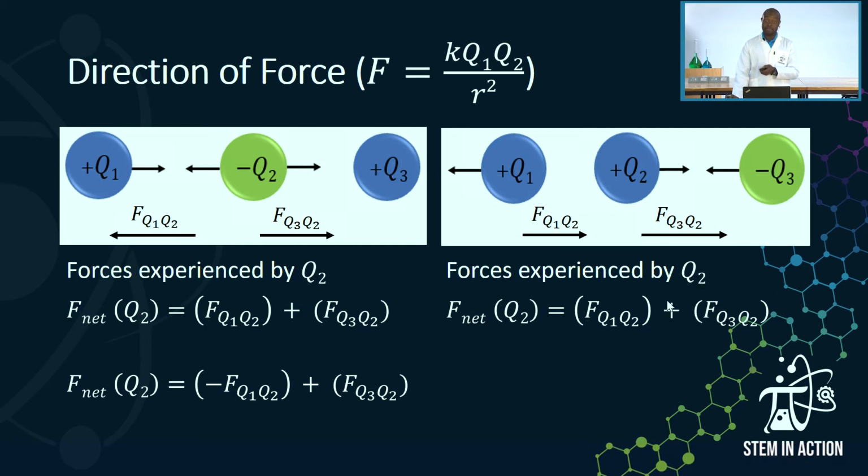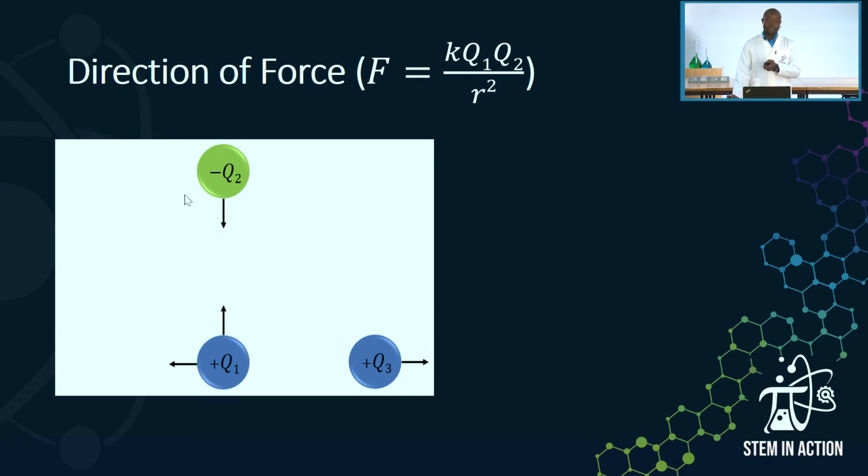Now, when our charges are at right angles, here we have Q1 at the center, Q2 upwards, and Q3 to the right. For the forces being experienced on Q1, we know that Q1 is going to be attracted to Q2 because they have unlike charges, but it is going to be repelled by Q3, so it is going to experience a force to the right.